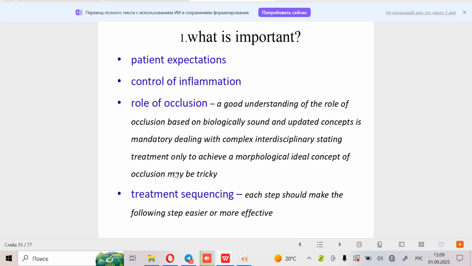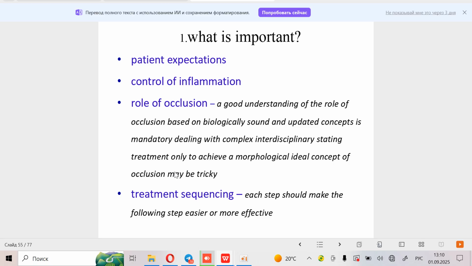The next is the role of occlusion. A good understanding of the role of occlusion based on biologically sound and updated concepts is mandatory. In complex interdisciplinary treatment, starting only to achieve a morphologically ideal concept of occlusion may be tricky.